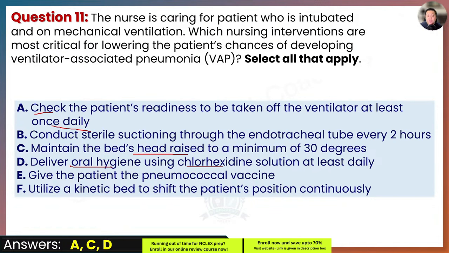And take note that excessive suctioning can also cause trauma to the airways, and this can potentially increase the risk of infection by introducing bacteria from the upper airway into the lungs. And it is also not part of the core VAP prevention bundle, which emphasizes interventions that are evidence-based and targeted.